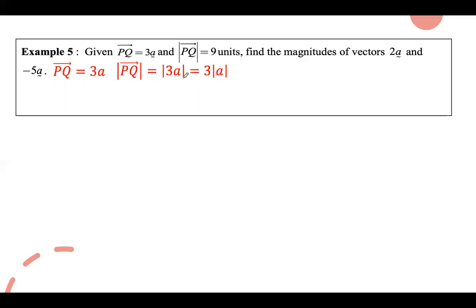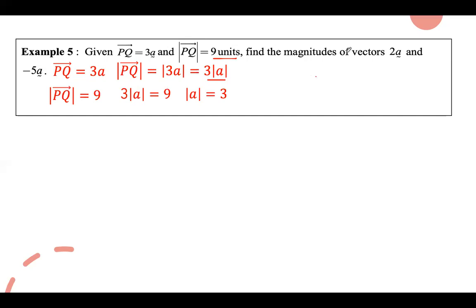We can compare with the 9 units, because PQ is 9, therefore 3 times the magnitude of A is 9. So the magnitude of A is 3.